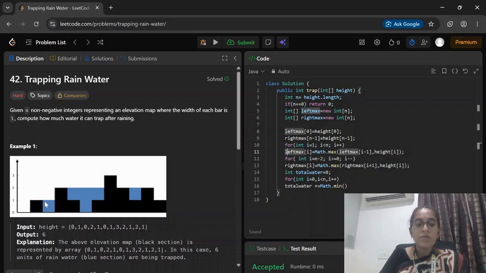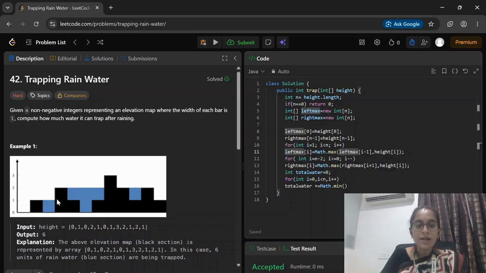We compare these two and take the minimum height, and subtract the current height, so that we know how much water is going to be stored here. The same formula we use here: the total water is added with these values. Traversing through this array, we keep adding how much water is trapped.